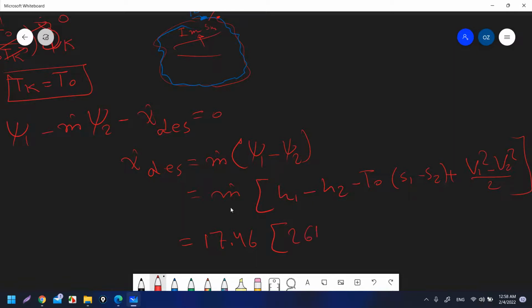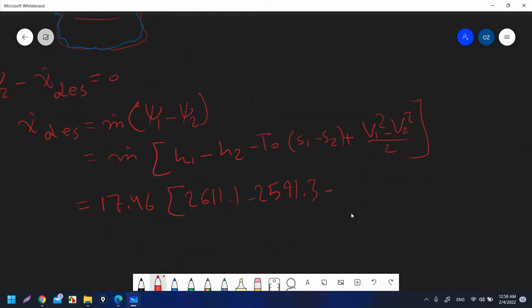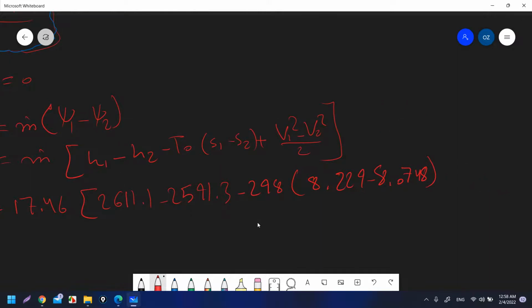H1 is 2611.1 minus 2591.3, minus T naught 298 times (8.229 minus 8.0748), that is the entropy change, plus 375, that is V1. And look, V2 will be much less than V1 because it is the diffuser; it will decrease the velocity.